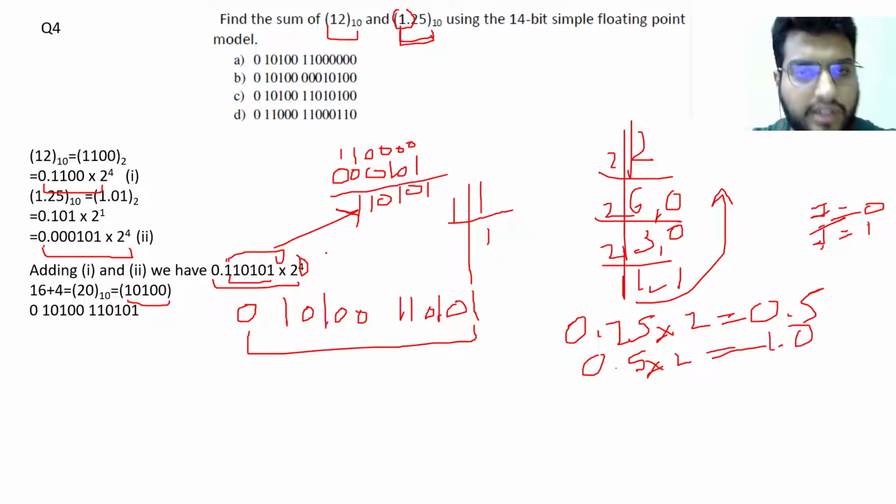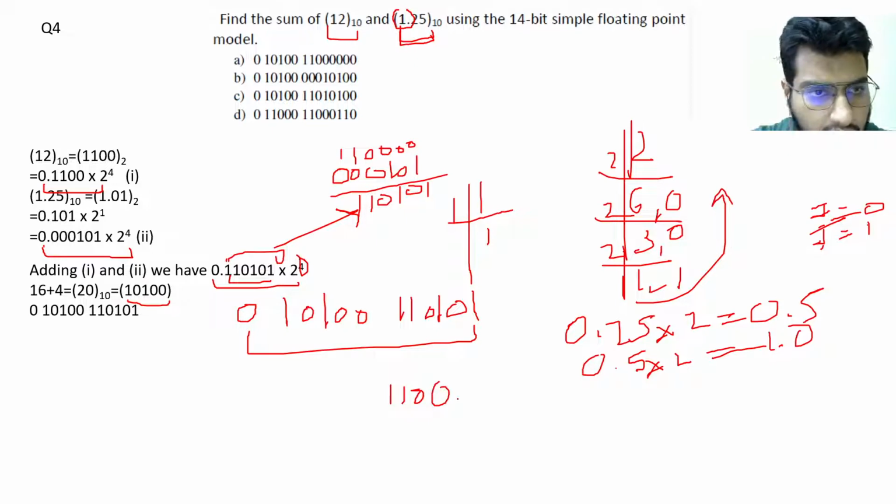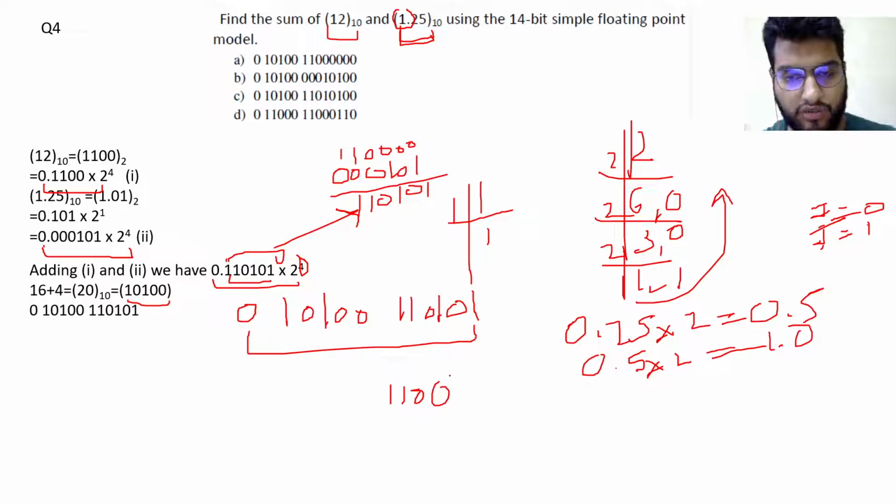Let me just cross check it in my solutions that I have prepared earlier. This option is not here. Let me just cross check the addition part again. Let me just cross check my solutions.